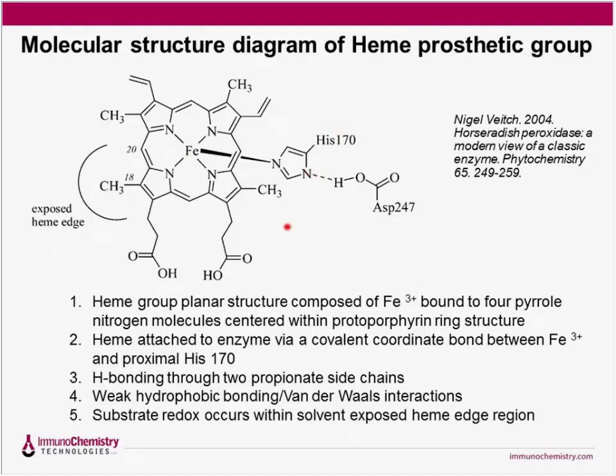In addition to that, it also adheres to the enzyme portion via hydrogen bonds via these 2 propionate side chains. And because this region here is very hydrophobic, it can perform hydrophobic interactions with hydrophobic regions of the enzyme as well, so that it stays associated with the peroxidase enzyme. You can knock this off, but you've got to work at it a little bit.